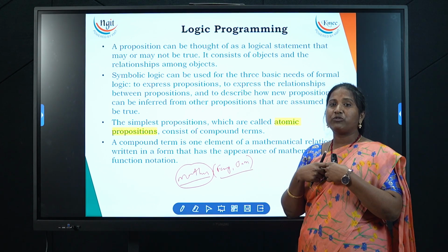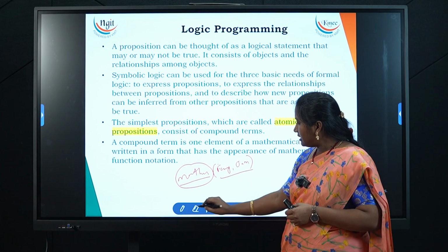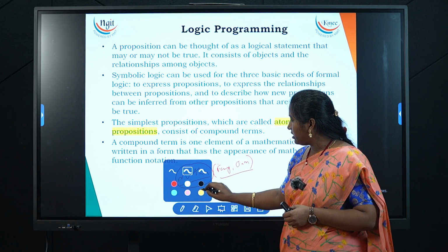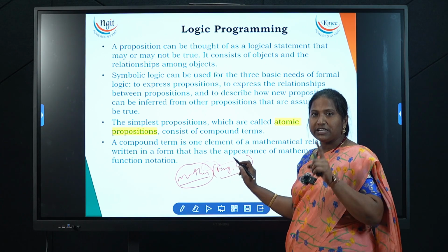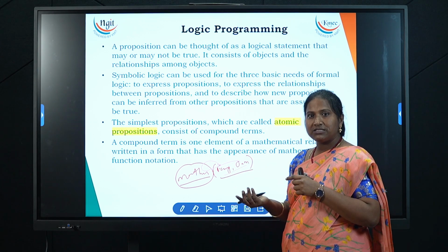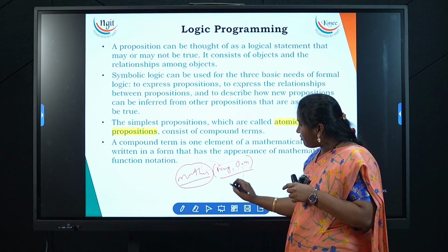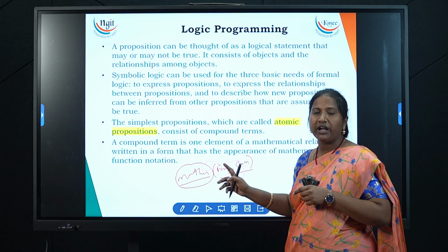Let's take another color for identification. The proposition is: Ferry is a mother of Jom. That is one proposition. Or Ferry and Jom are both mothers, or else Jom is a mother of Ferry. These are the three propositions I can make from this.